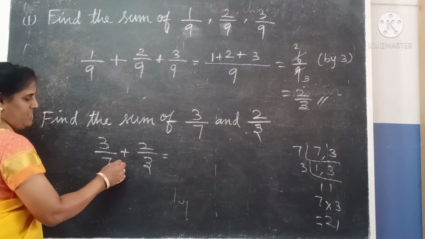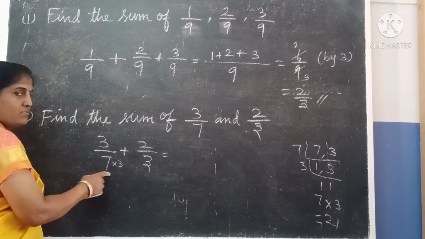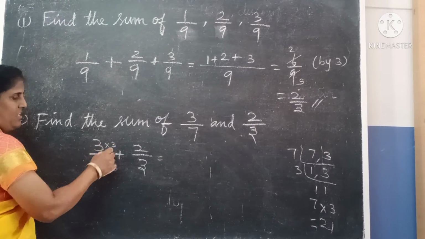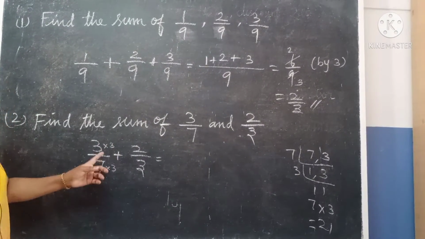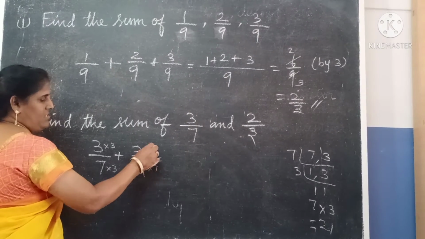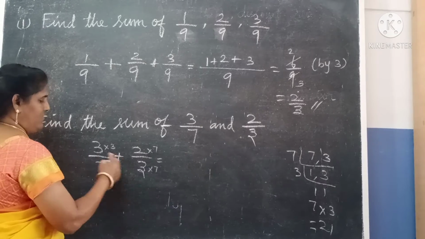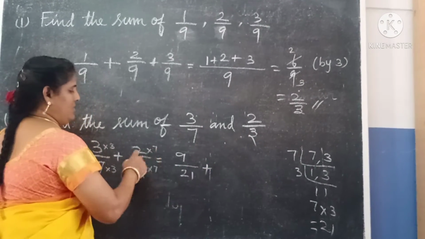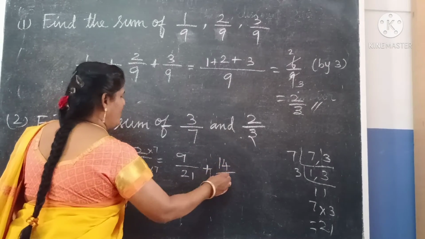Yes, 7 into 3 becomes 21. So by equivalent fraction, the numerator is also multiplied by 3. So what will the answer be? 3 3s are 9 by 21 plus 2 sevens are 14 by 21.